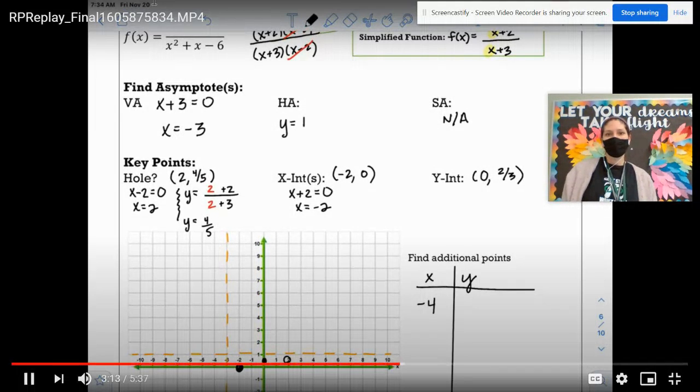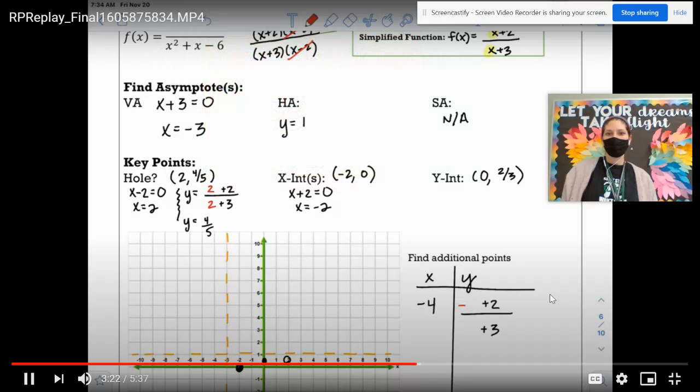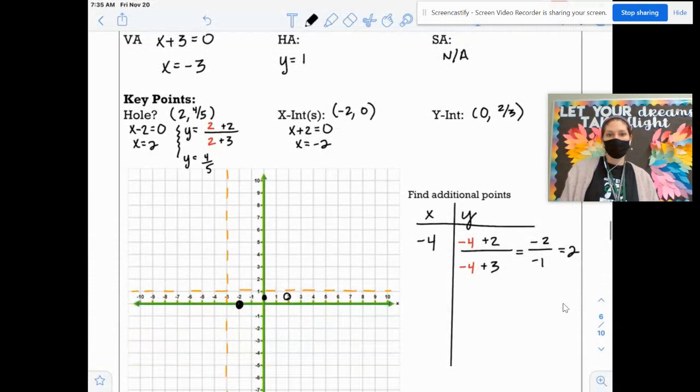So again, I'm plugging them into that reduced function. So if I plug in -4, I'll have -4 plus 2 over -4 plus 3. And you'll simplify. And so I have a point that I can plot at -4, comma 2. And so I want an extra point. So let's plug in -5.